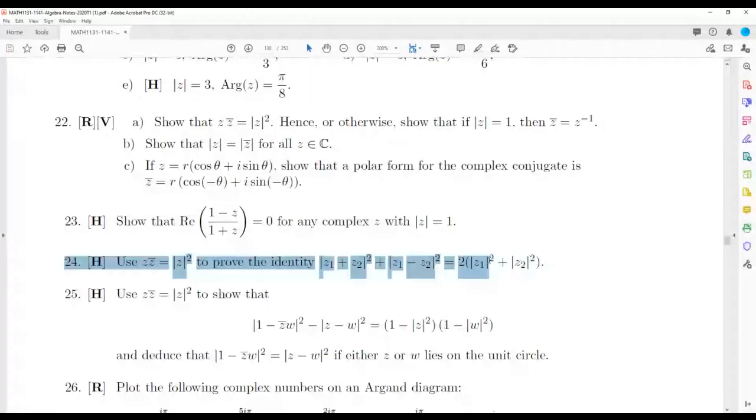Okay, so it's a H1, but actually this is not a very hard question. So here it is, and they give you a hint: use this identity to prove this more complicated identity. Okay, so Z1 and Z2 are complex numbers, and let's see how we can smash this one out.